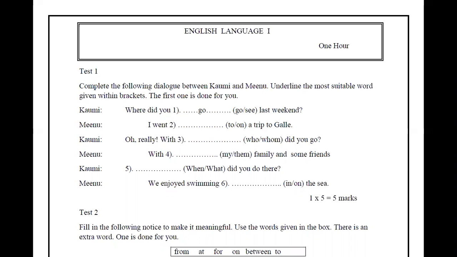They have given a dialogue. We have to read the dialogue, understand what they're saying, and then select the most suitable word. This is a question which is a little bit tricky.